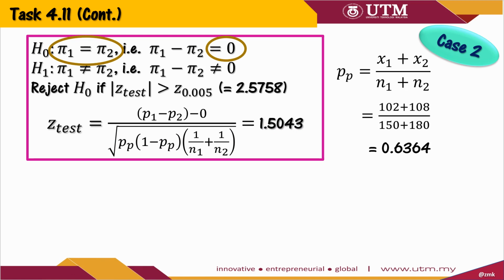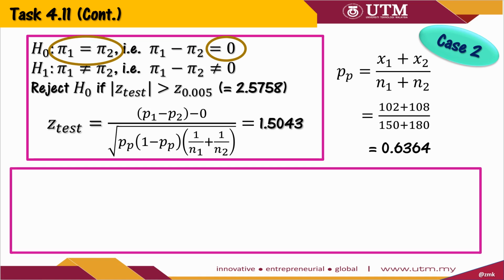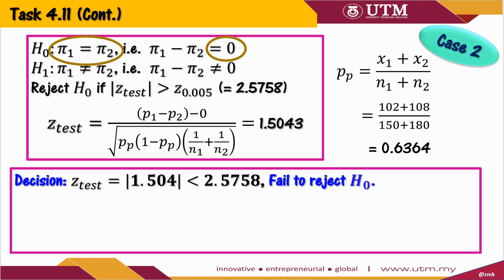You may want to calculate the value of the z-test statistic on your own and check if you get 1.5043. Now, you can compare the modulus of the z-test value with the critical value. Obviously, the modulus of z-test is smaller than the critical value 2.5758.